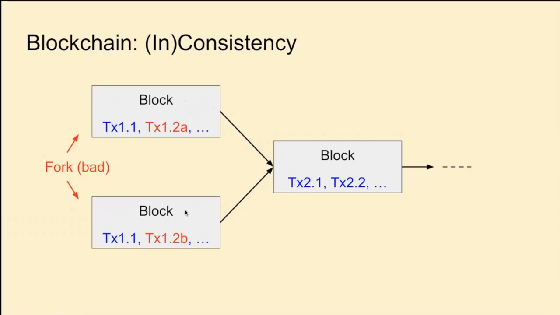So the possibility of forking a blockchain is something that has to be very carefully controlled, or there have to be mechanisms for avoiding it.